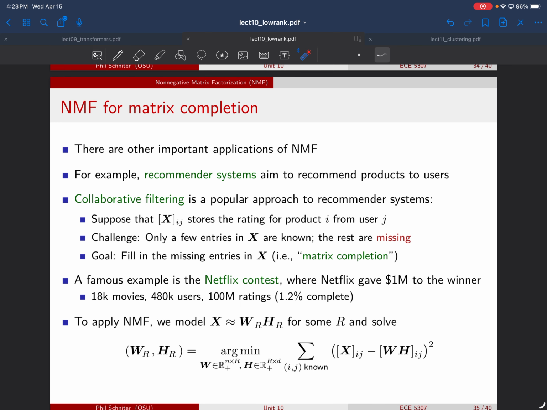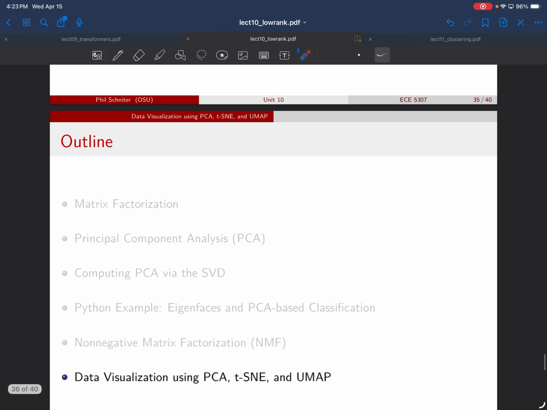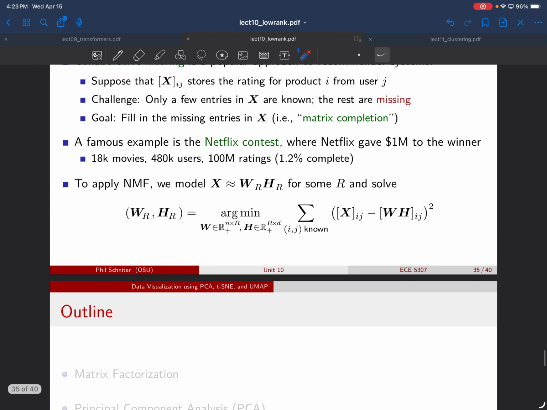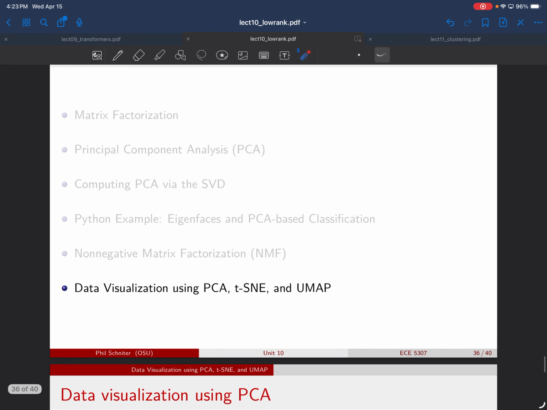And we will also talk about yet another thing we can do in a similar spirit in the next unit, which we'll talk about later today. So any questions about recommender systems or matrix completion? Okay. This matrix completion shows up in a lot of different engineering problems as well. So it's kind of a neat problem.